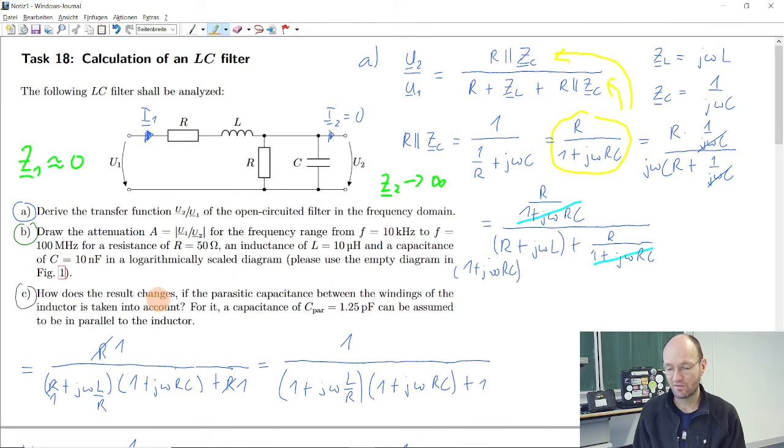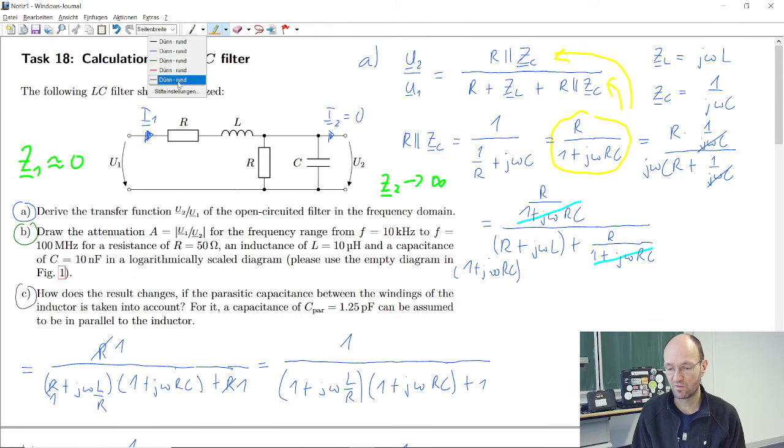the question is, how does the result change if we take some parasitic capacitance into account between the windings of the inductor? Because this inductor is a coil, it's made out of a wire, and there will be some parasitic capacitance between these wires. So we can assume some parallel capacitance to this inductor.